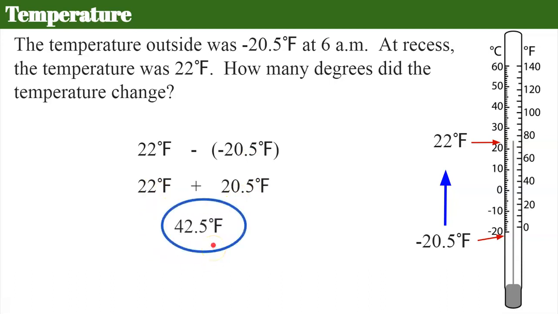Now let's talk about this for just a second. I started at negative 20.5. My temperature went up 20.5 to 0, and then it went up another 22 degrees. Doesn't that make sense? 22 plus 20.5 is 42.5 degrees Fahrenheit. So we wanted to know how much it increased. So it was a positive 42.5 degrees Fahrenheit.